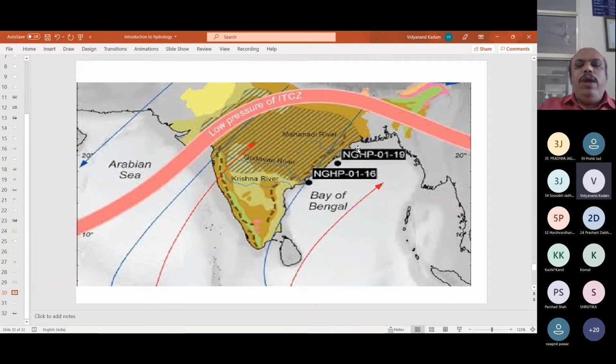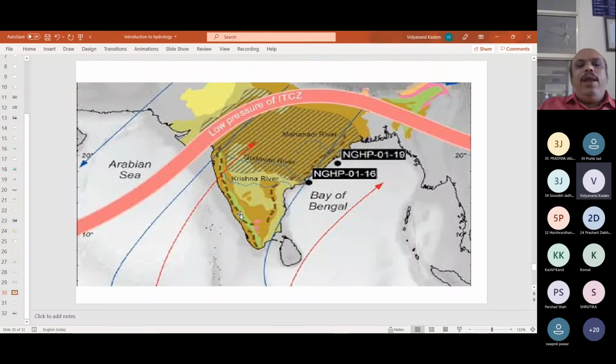So when it reaches the Indian continent, what happens? It reaches the western coast of India. There, there is a barrier of the Sahyadrian mountains.